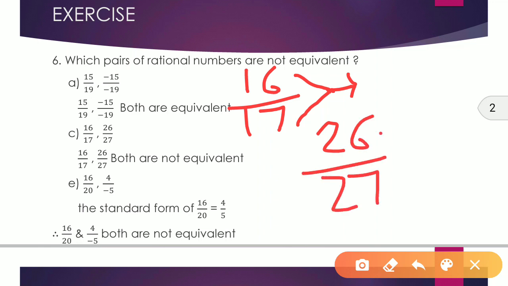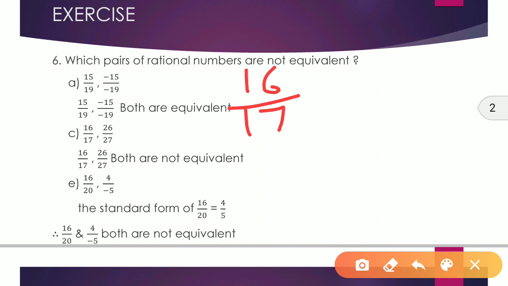Can we simplify the numbers? We cannot simplify. Why? Because we cannot get any HCF of 26 and 27. So both the rational numbers cannot be simplified and both the numbers are not the same, as we can see. Therefore, we can say that 16 by 17 and 26 by 27 both are not equivalent.